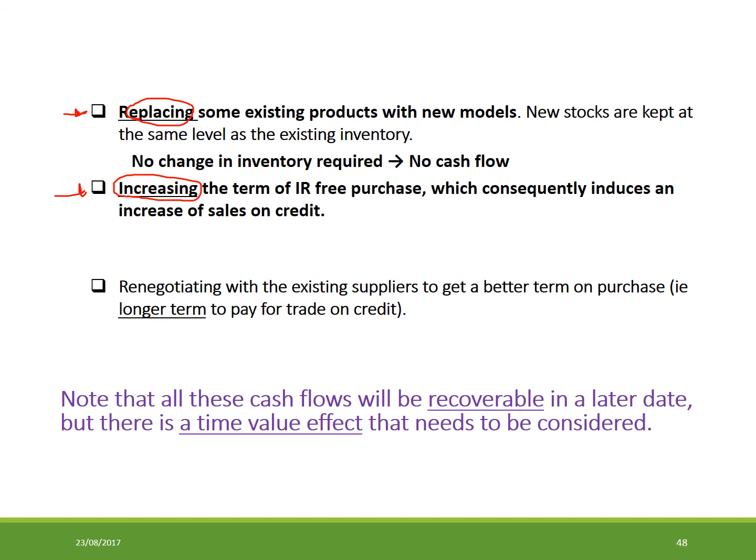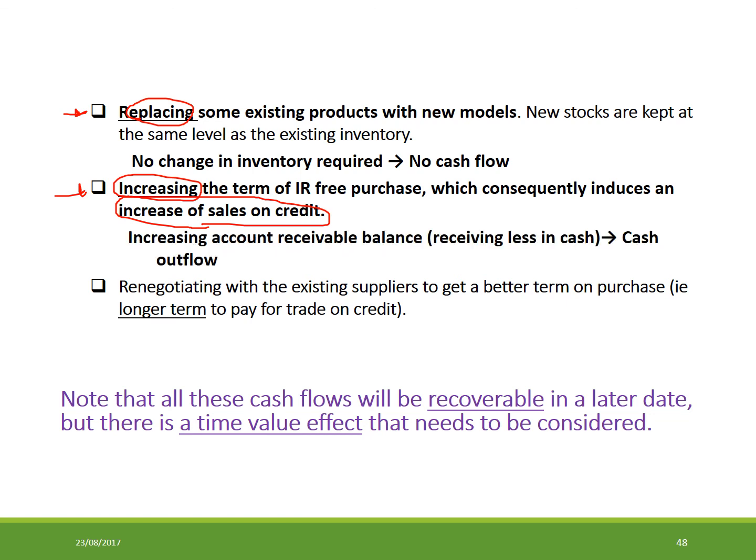In addition, we want to increase the term of the interest rate free purchase. This would encourage people to buy on credit more, right? So when customers buy on credit, what happens is they don't pay for our products in cash immediately. They will pay at a future date, right? So what will be the impact on the cash flows? In this case, account receivables or sales on credit would reduce the amount of cash that we receive today, right?